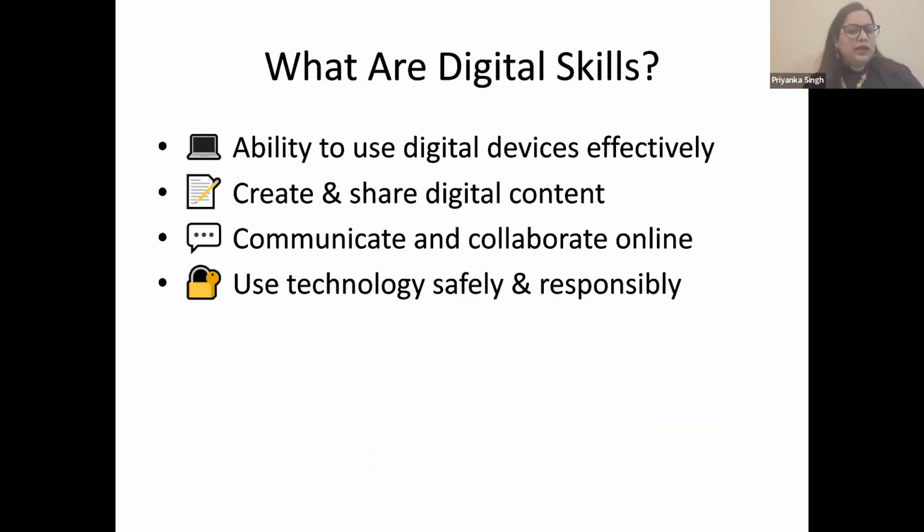Now let's talk about what digital skills are. Initially we talked about digital literacy, but here we are focusing on digital skills, the skills a teacher and educator should have. The ability to use digital devices effectively. I have a system with me, but I don't know how to switch it on. I have a system, but I don't know how to design a presentation.